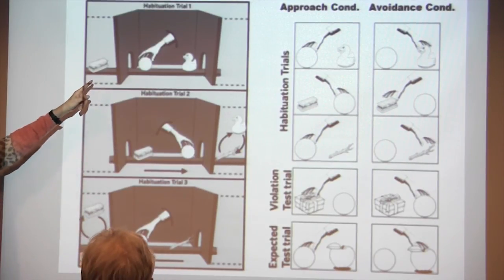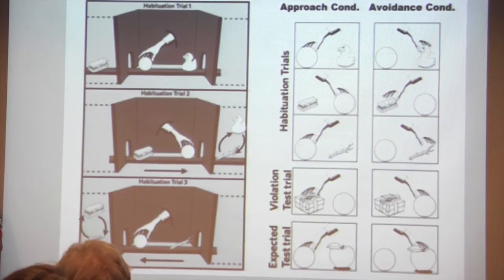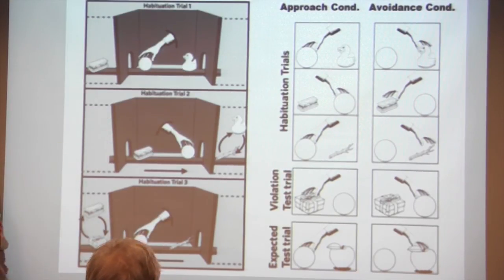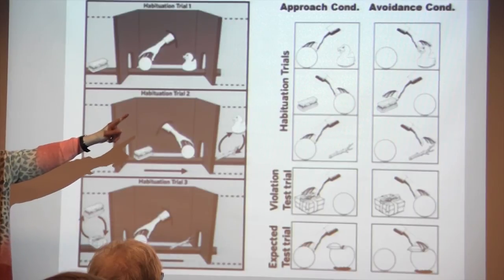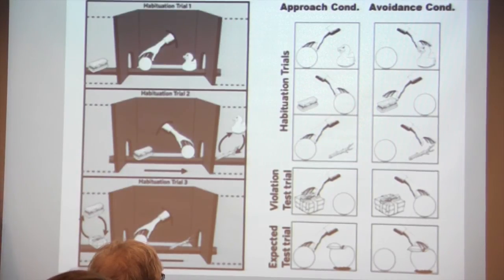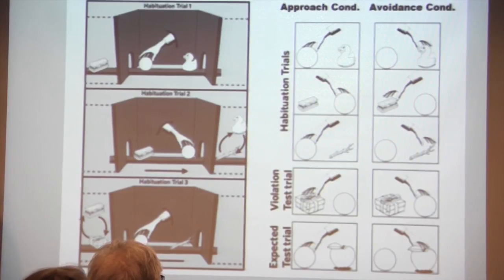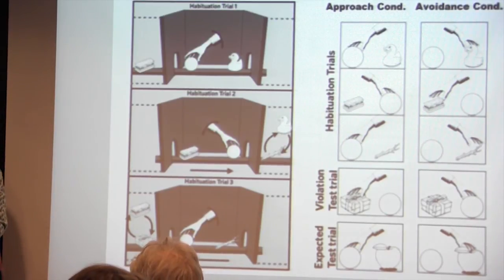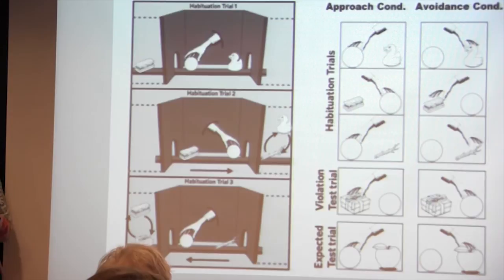So ball over A, B, C, D, E, F, G until the child gets bored, okay? But there's another condition where what the hand is always reaching for is not the ball, okay? So reaching for A, B, C, D, E, F, G, and the proper generalization is he doesn't like the ball, or he doesn't want the ball, or anything but the ball, not the ball, right? So can the child do both of these?